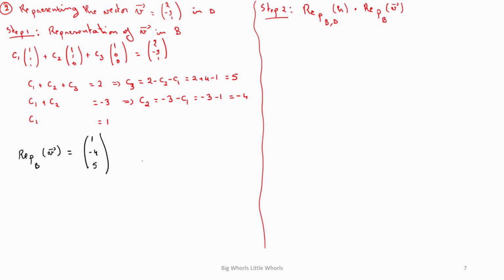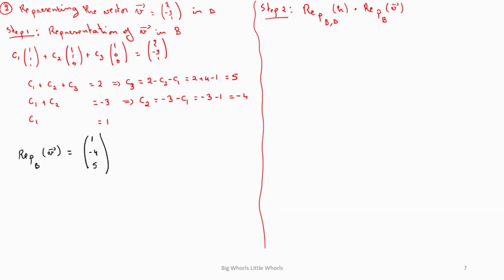I'm not very happy about the question, but I will explain it later. So we have our matrix. To find the representation of V in D, that's our question.